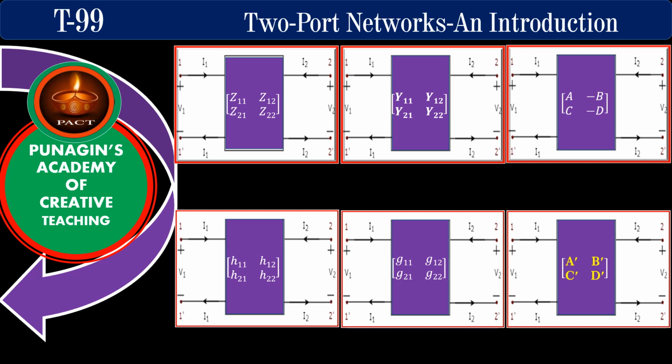In my opinion, the Z parameters, Y parameters, T parameters and H parameters are the most important parameters, because the other two are only inverse parameters, and if you know H parameters and T parameters, you can always obtain these two parameters.